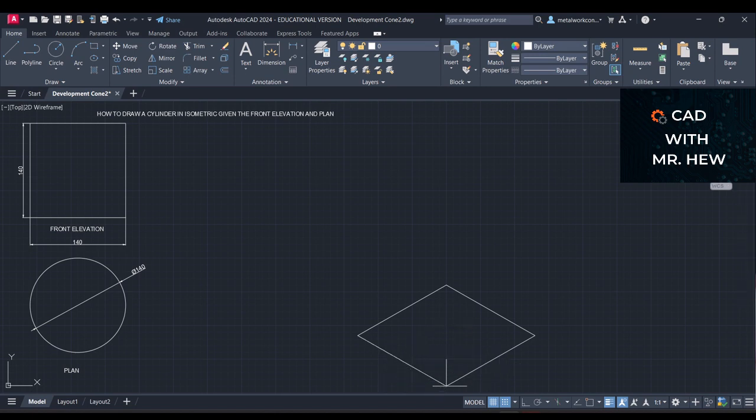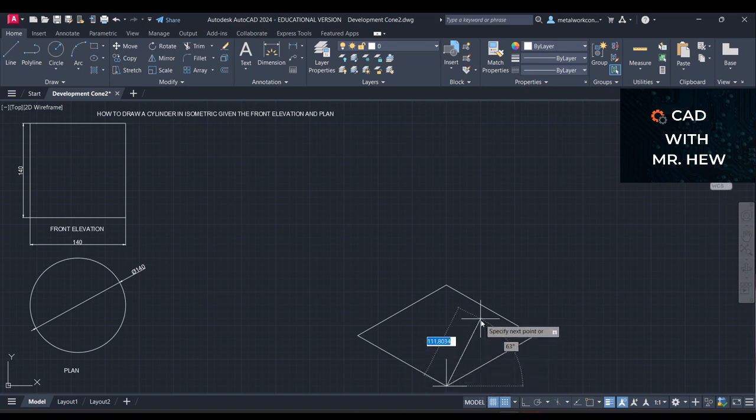Here's the base for the cylinder. The next thing we're going to do from this point is draw a line.